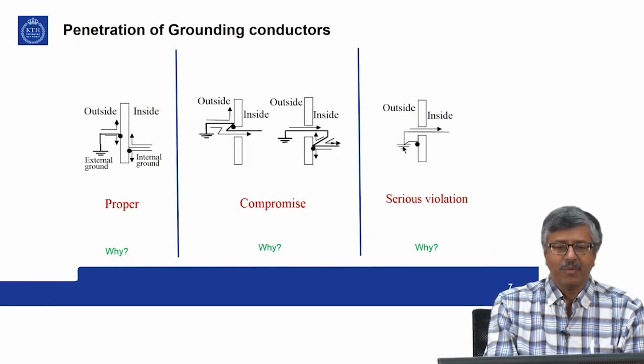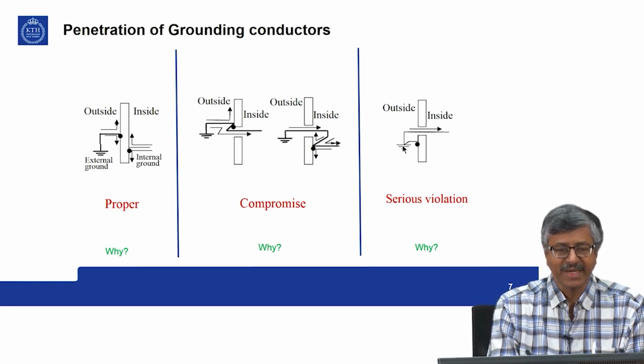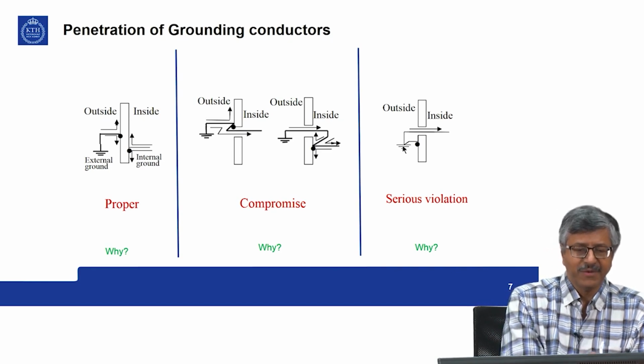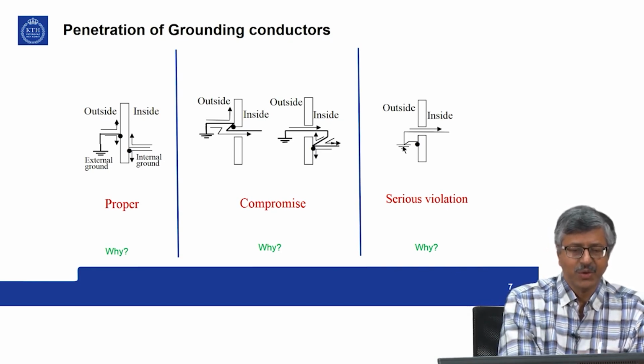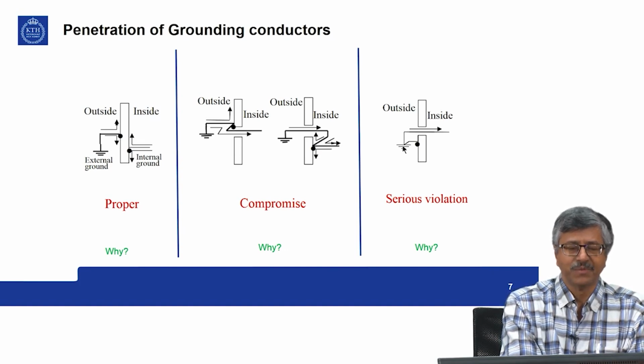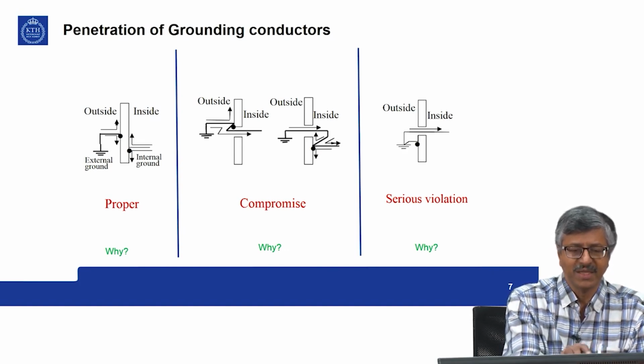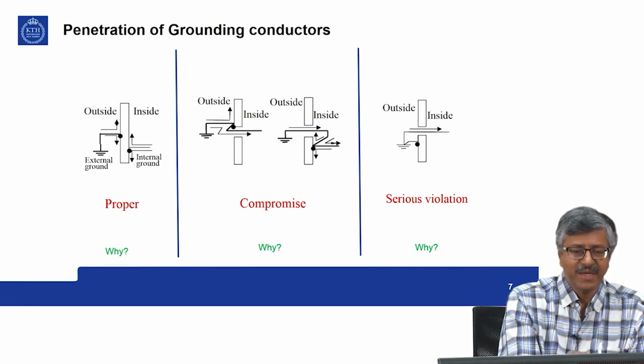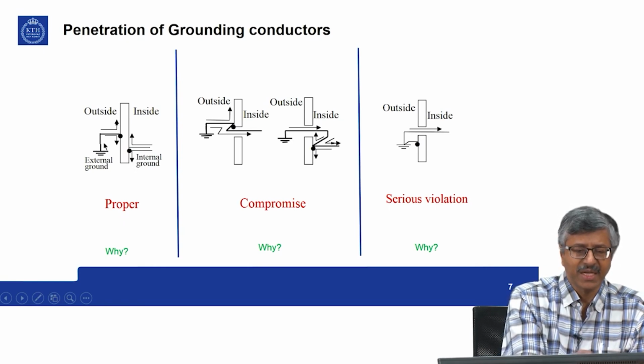So, what would be the best way of connecting grounding conductors? Now, the left side shows the most proper connection. If this is outside and this is inside and this is the boundary, then internal grounds you terminate on the internal part of the sheet, external ground you terminate on the external part.